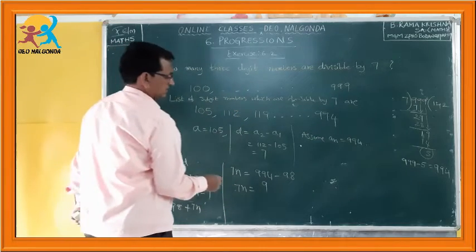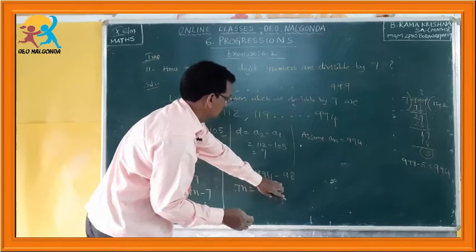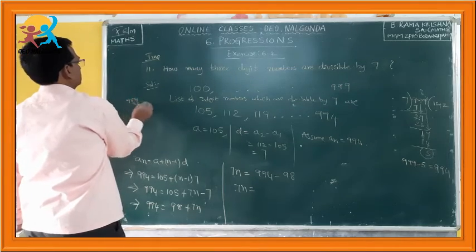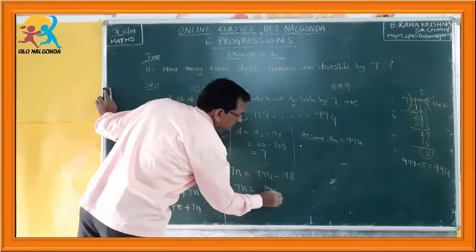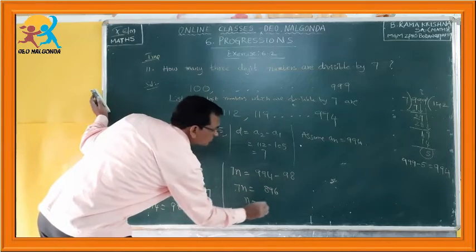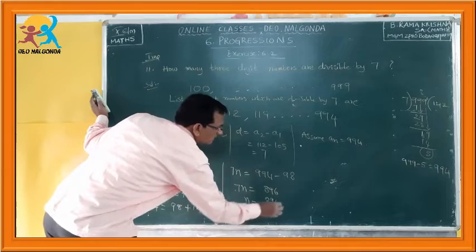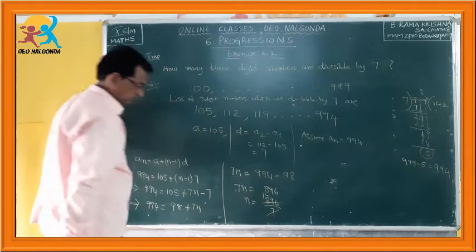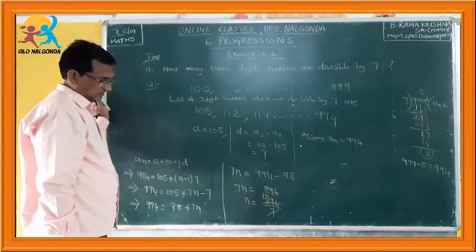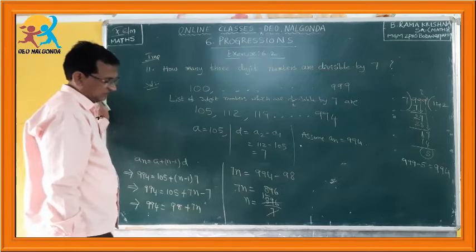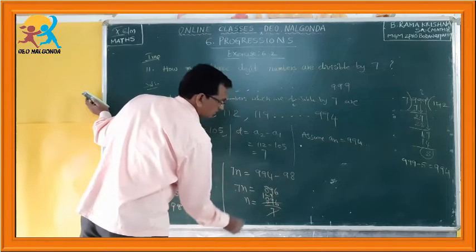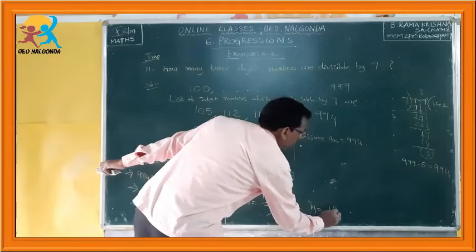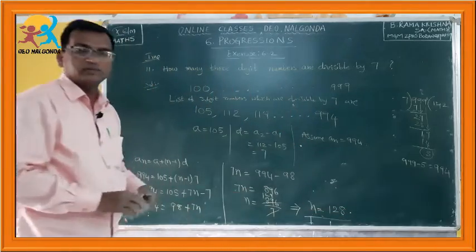How much do you get? 994 minus 98 is 896. n is equal to 896 by 7. 7 1s are 7, 7 2s are 14, 5 remains, 56, 7 8s are 56. Therefore, n is equal to 128.